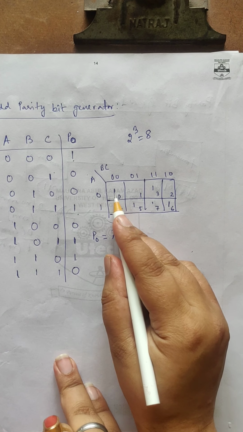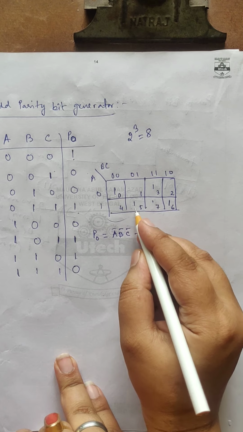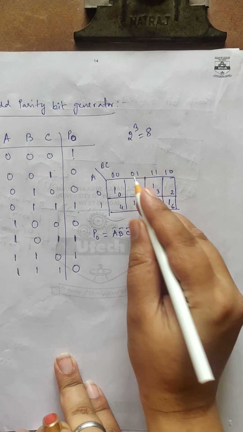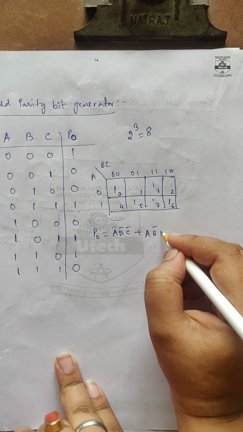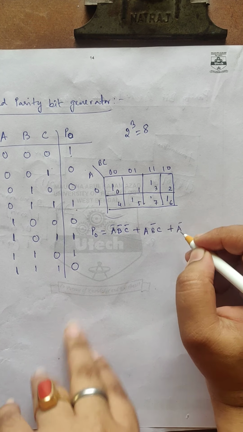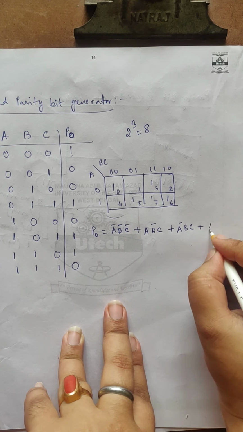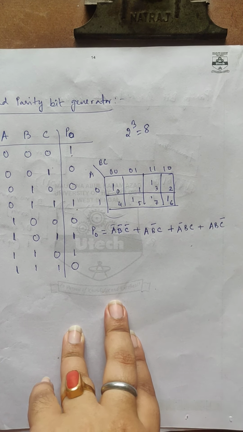For the first one, A bar B bar C bar. Next, A B bar C. Then A bar B C, and finally A B C bar.